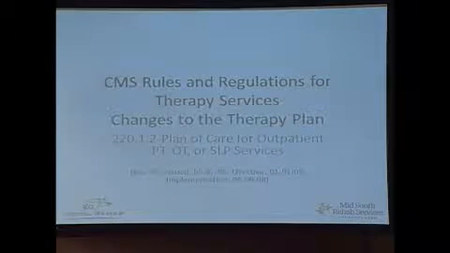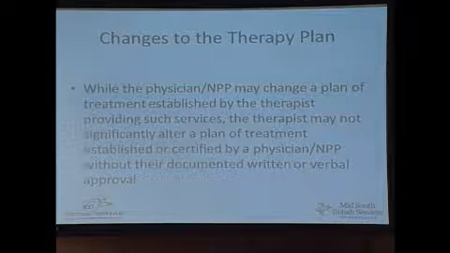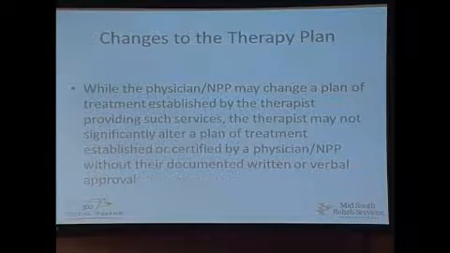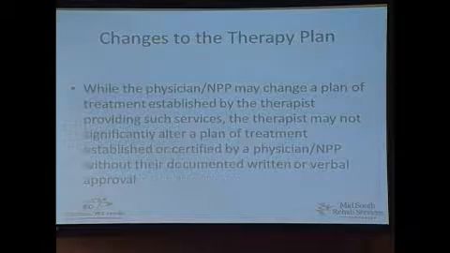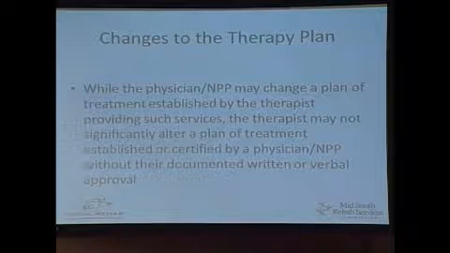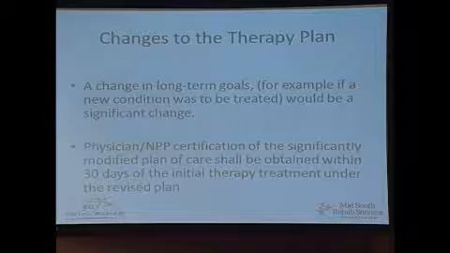Okay, CMS also talks about in the 220.1 rule what you must do when you change the therapy plan. It says, while a physician may change the plan established by you, providing such services, you may not alter the plan established or certified by the physician without their written, verbal, or documentation. So what will be considered a change to your plan?